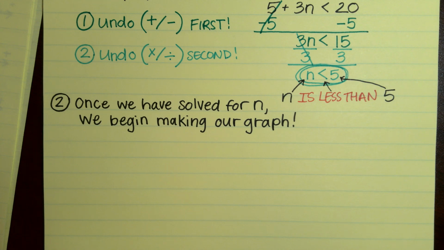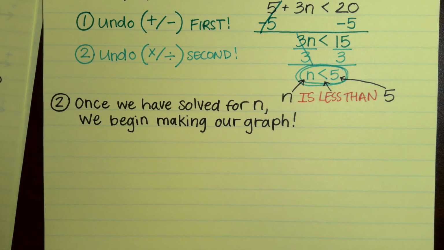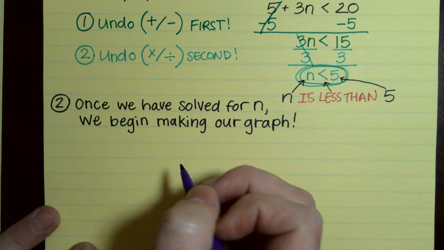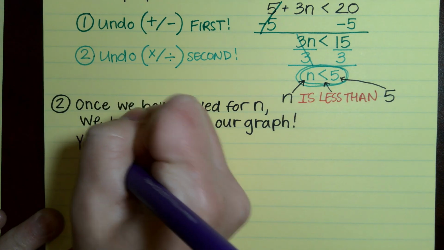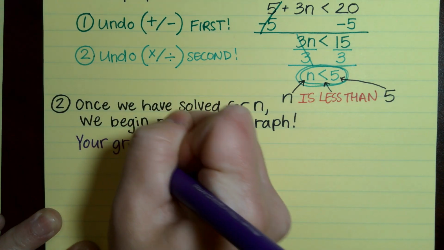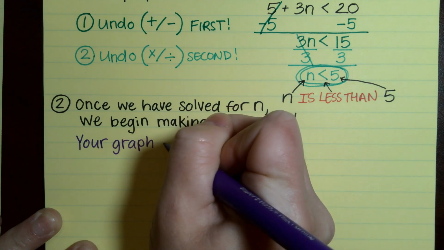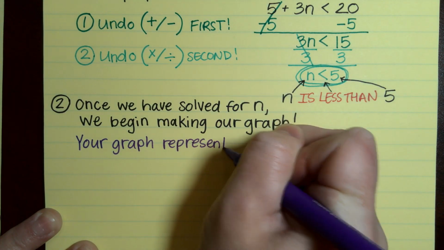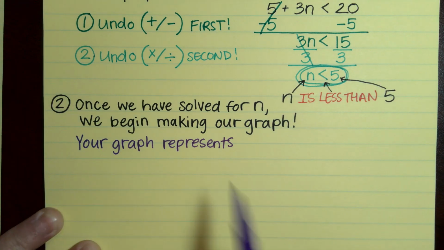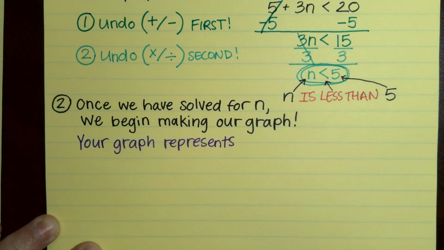The graph represents what n is, or what it could be. I'm going to say your graph represents all possible values for n.